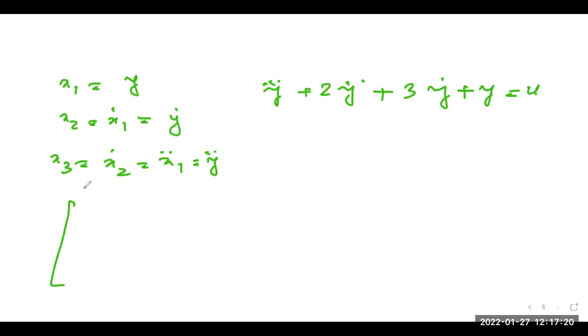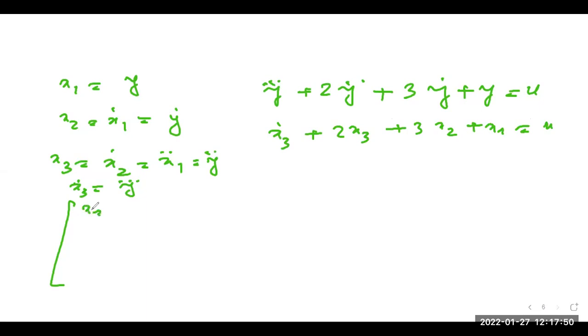So this will be y triple dot means x3 dot, equal to y triple dot. Okay, so basically this will be x3 dot plus 2x3 plus 3x2 plus y equal to x1 equal to u.